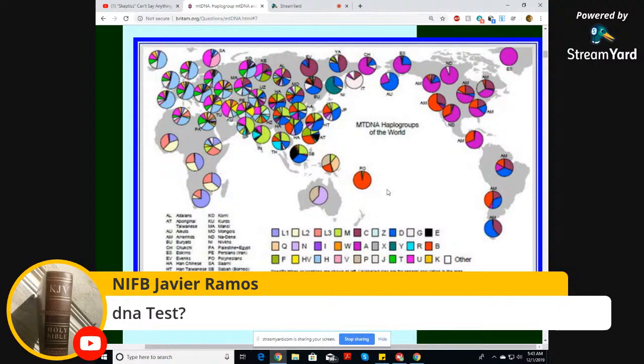So yeah, the M does seem to be the descendants of Japheth, the Japhethites, or the Japhethite women. And the C would be the light blue, this light blue here in Asia, and that's about all I see right now.